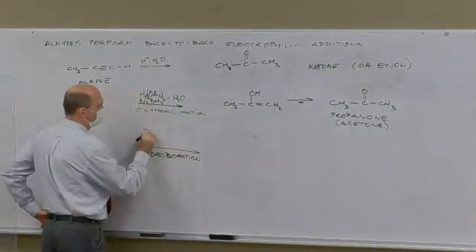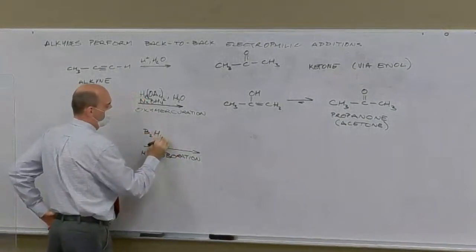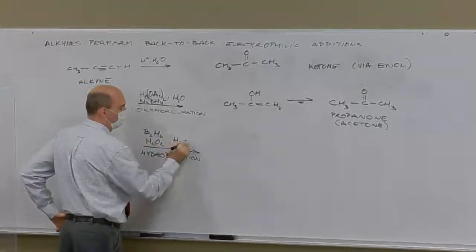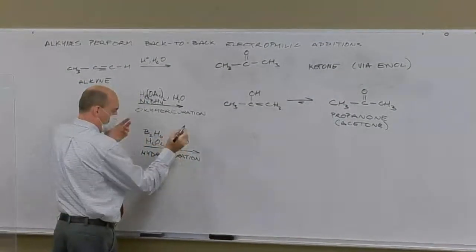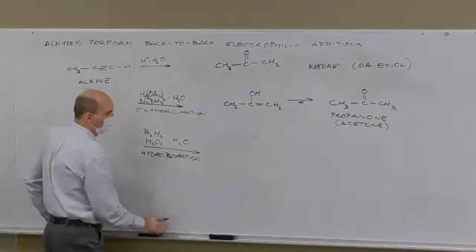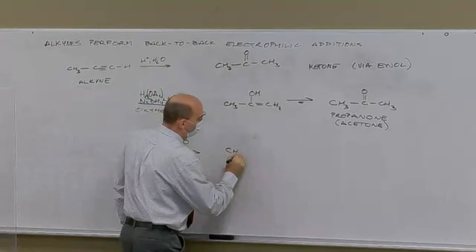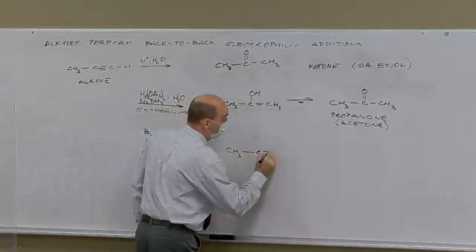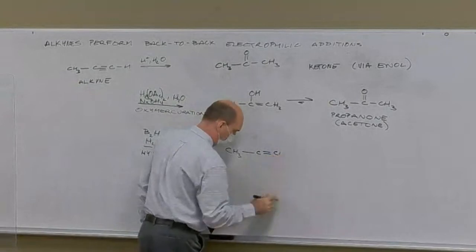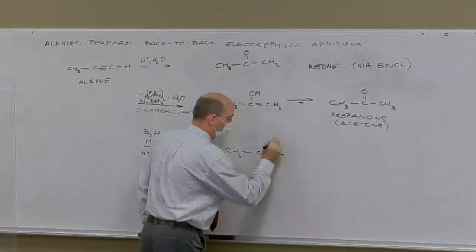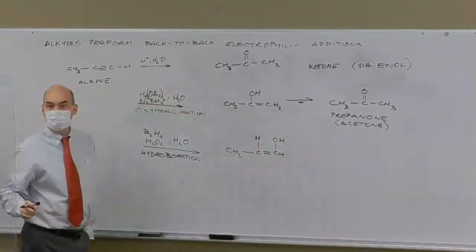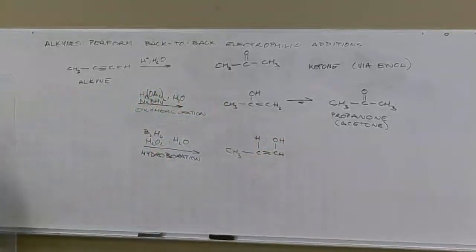If I do a hydroboration with B2H6 and peroxide and whatever else I need in there, I need a little bit of acid. Then I purposefully made the wrong alcohol.